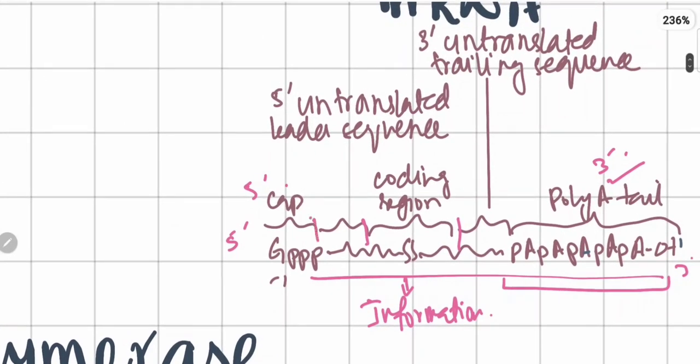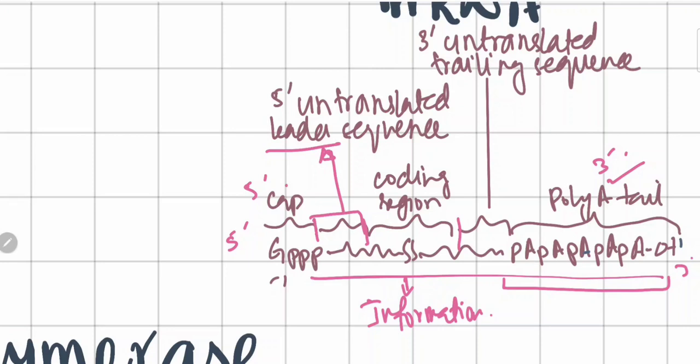And then this little area right here is the 5' untranslated leader sequence. It leads the coding region, which is why we call it the leader sequence. And after the coding region, there is a short sequence called the 3' untranslated trailing sequence, which means it won't be translated into proteins. Only the coding region is going to do that.